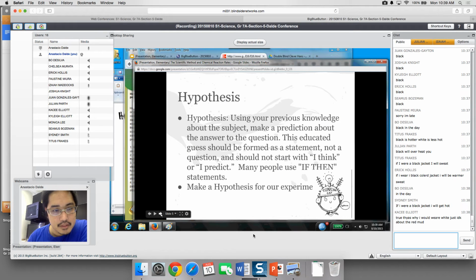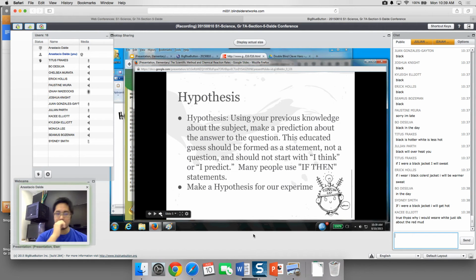The color of the jacket depends on the heat of the outside, because the lighter jacket will really affect you. Okay, so what you're saying is it depends on the material as well. Okay, who's that? Juan.